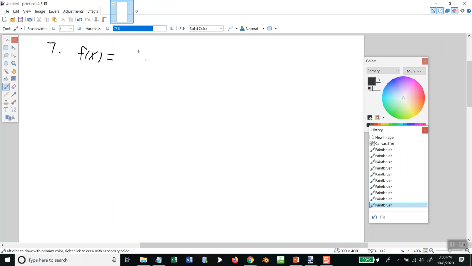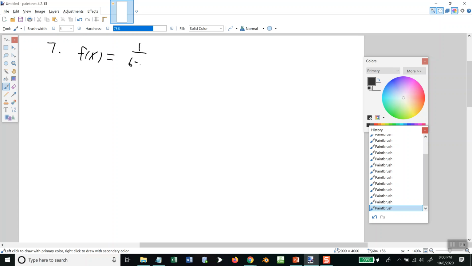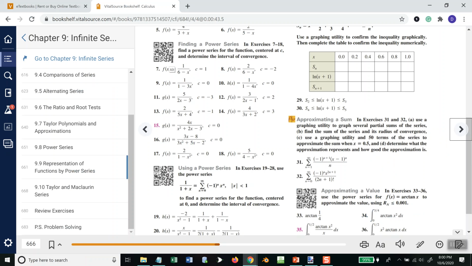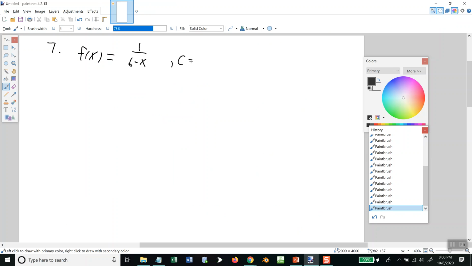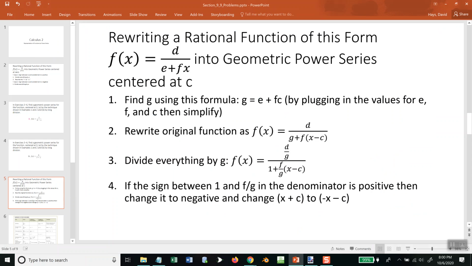Although this isn't much different, but still enough because it's not centered at 0. Okay, C is equal to 1. So let's identify everything first.